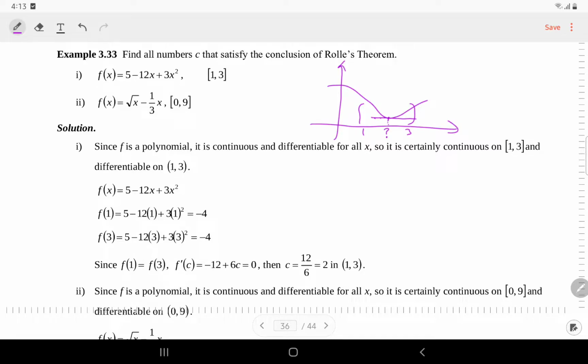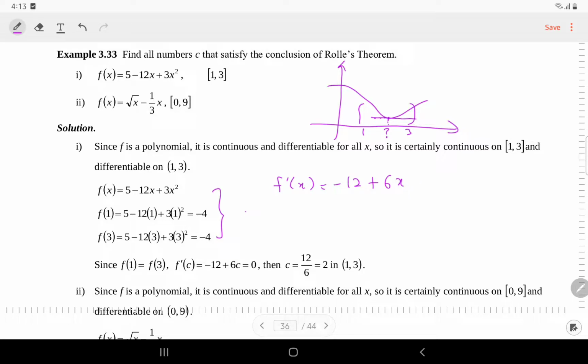So first we need to find f prime. Yang ni tak perlu buat dalam exam. Kita cari f prime, meaning that we need to differentiate this function. So f prime x is negative 12 plus 6x.